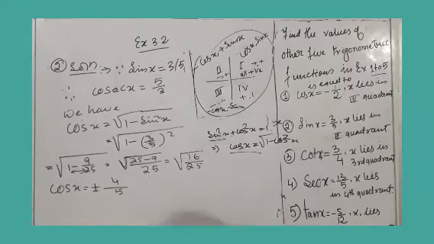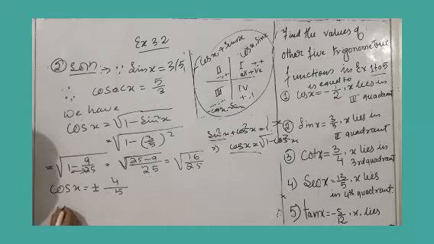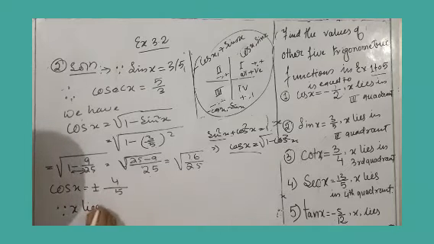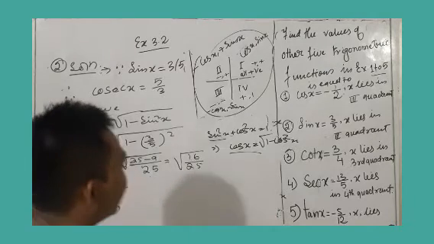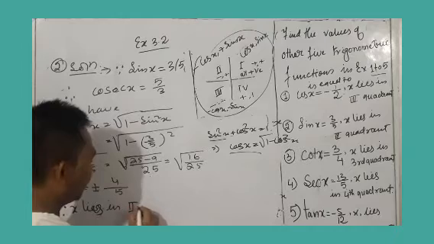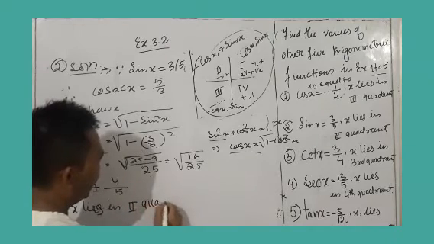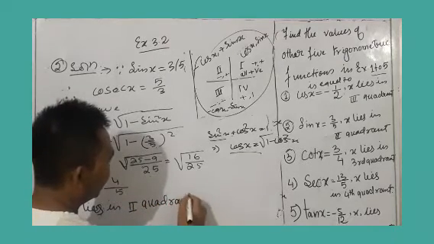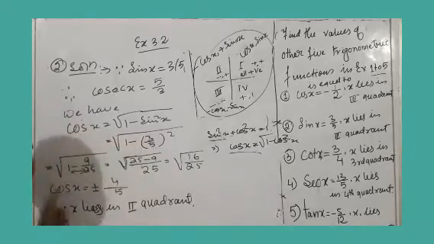Okay, fine. Since x lies in the second quadrant, what will be cos x?